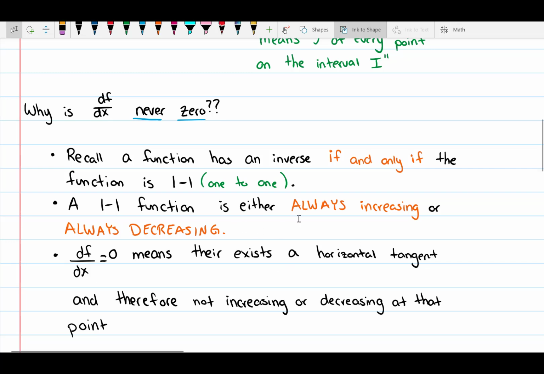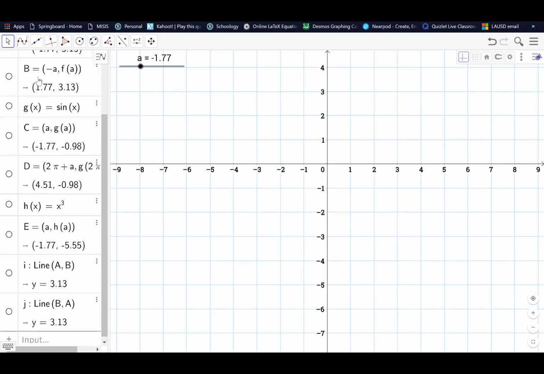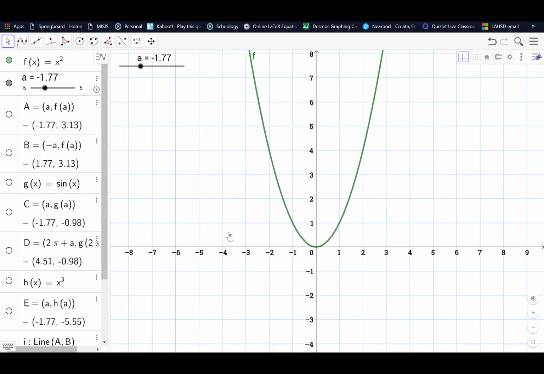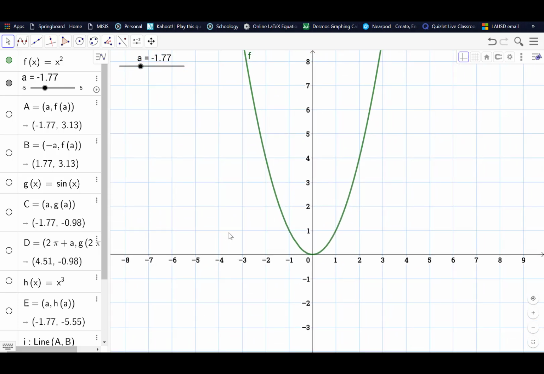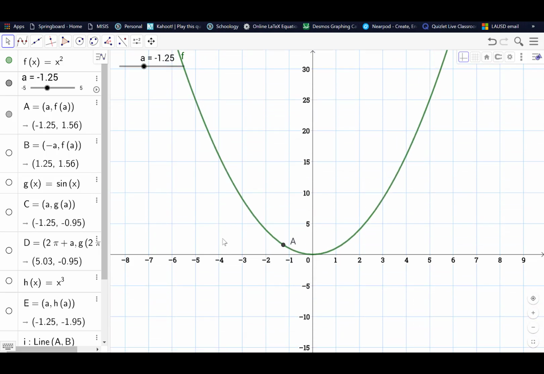So let me show you what I'm talking about, this 1 to 1 nonsense. First I'm going to bring up a function that is not 1 to 1. y equals x squared. And your question is, but Mr. Cooper, what makes it 1 to 1 or what makes it not 1 to 1? Well, I'm just going to pick any point A to put on this graph right here. And A is represented by this value up top that I'm sliding around. Let me just zoom out a little bit so we can see more clearly what's going on.